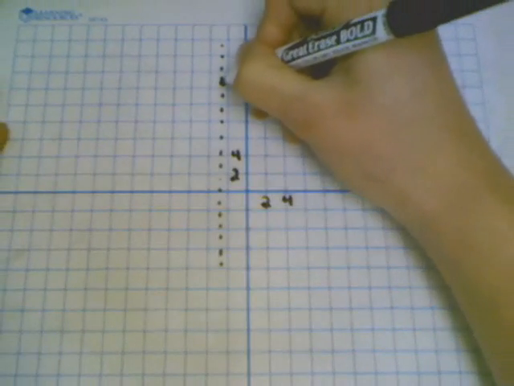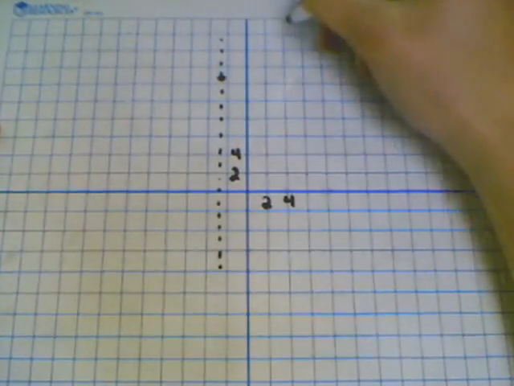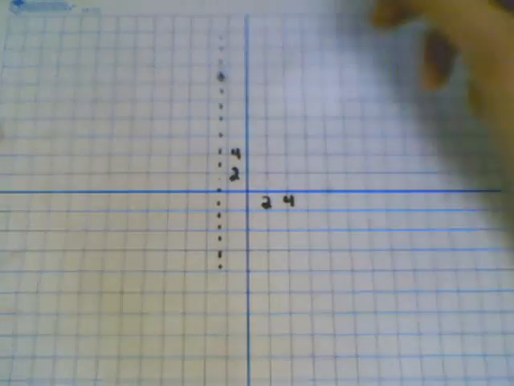Now I know that this is the top of my graph and that's very helpful, but I don't really know how wide the graph opens up or if it even opens down this way. So I'm going to go back to the equation and try to find some more points.